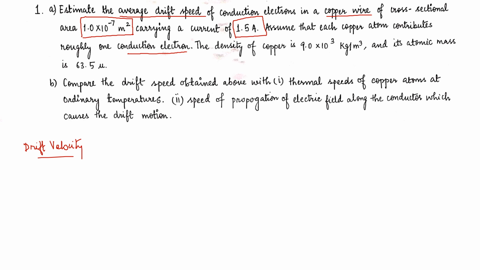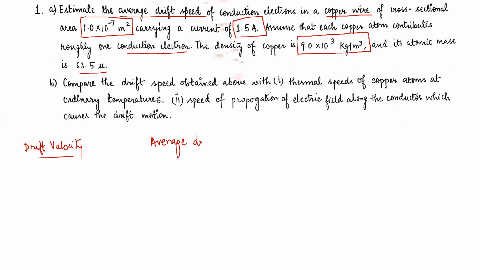The density of copper is 9 into 10 to the power 3 kg per meter cube, and its atomic mass is 63.5 unified units. We have to find the average drift speed.